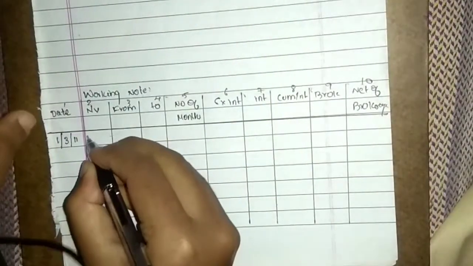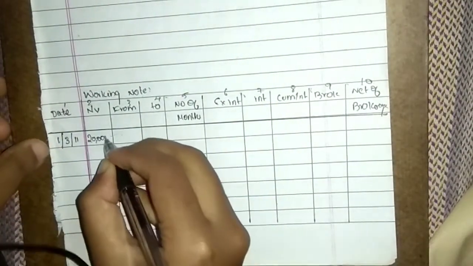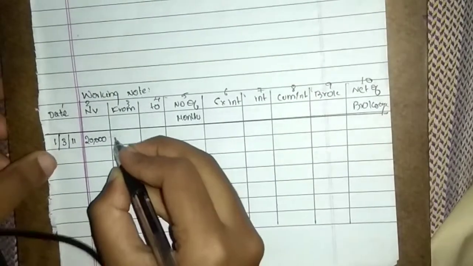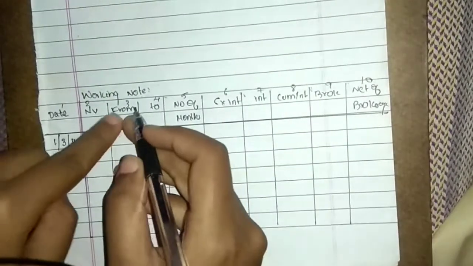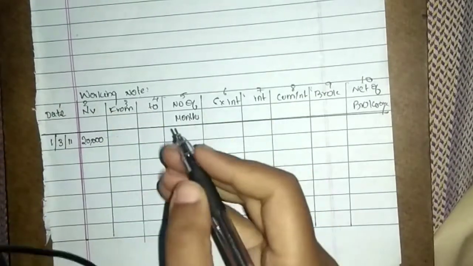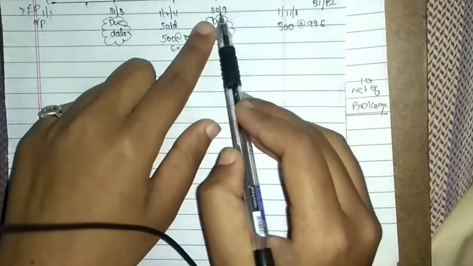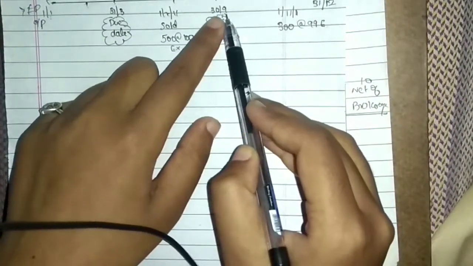Face value or nominal value is 20,000 rupees. And from what date do we need to take? What is the last due date? Last due date was on September. 30th September is the last due date.